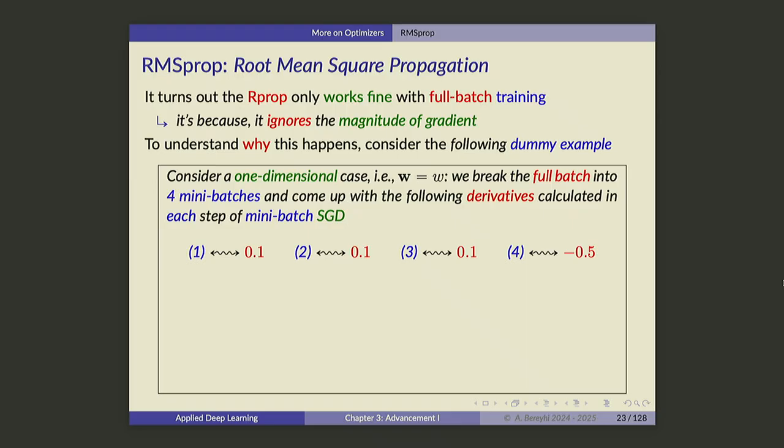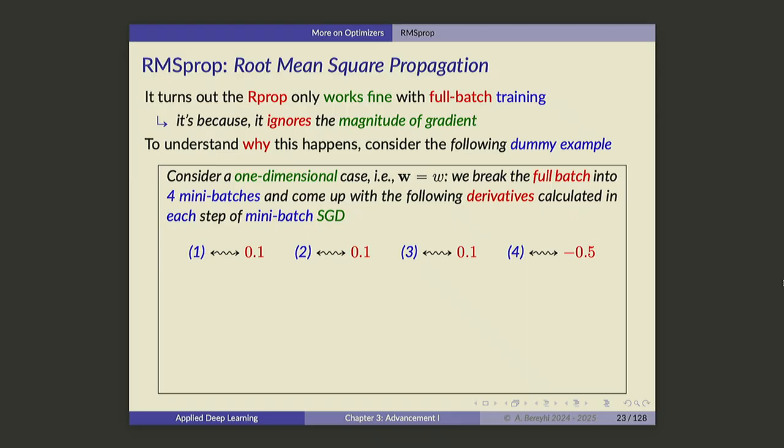So this is the issue with mini-batch training with Rprop, because Rprop is relying on the sign, right? And if you're working somewhere like here, close to 0, then this sign could be very variant, because your computation is noisy. And relying on that could simply lead you to nowhere, take you somewhere totally lost.